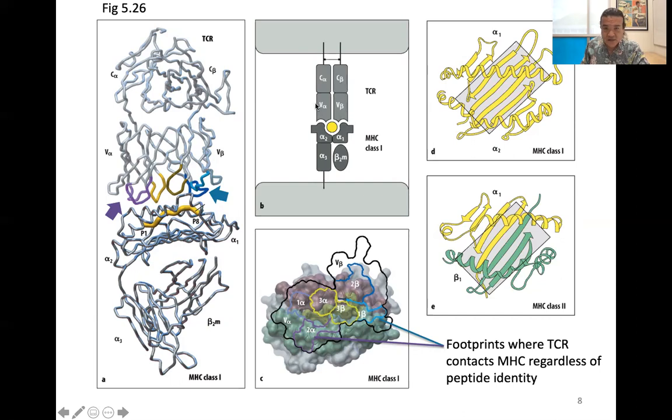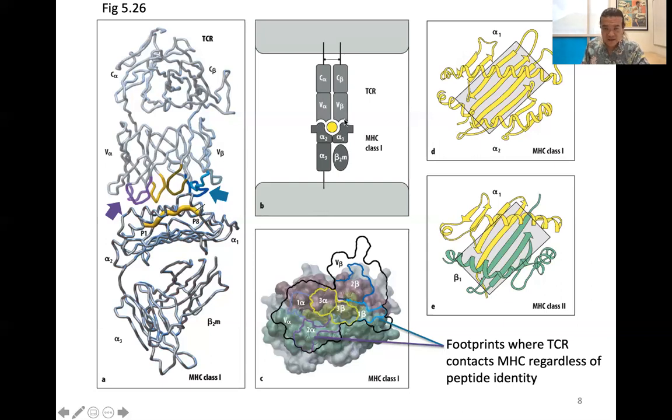And remember, each part has a variable region and a constant region, sort of like the immunoglobulins that we learned about before. On the bottom is the MHC class 1 that this TCR happens to have bound to. And the MHC class 1 is presenting this yellow dot, which is the peptide of interest, that this presenting cell has decided to load up on the platform for a T cell to check out.